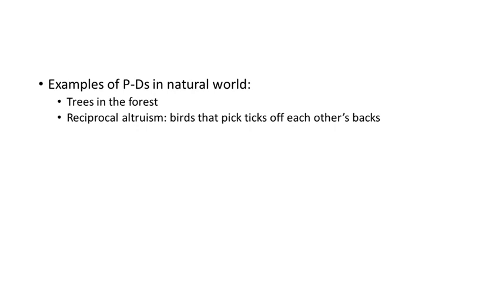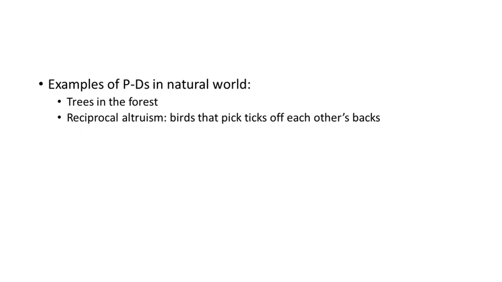But if you think about it, what this represents is a kind of solution to a prisoner's dilemma. Because it might seem irrational for an individual bird to pick ticks off the other bird's backs. Essentially, they're all cooperating here. But imagine a bird who defects.